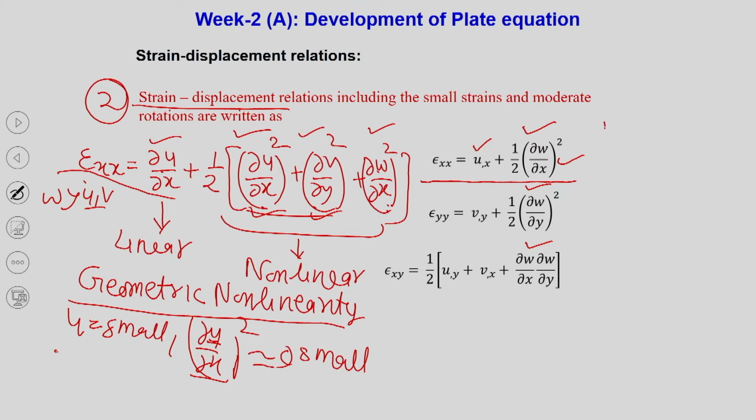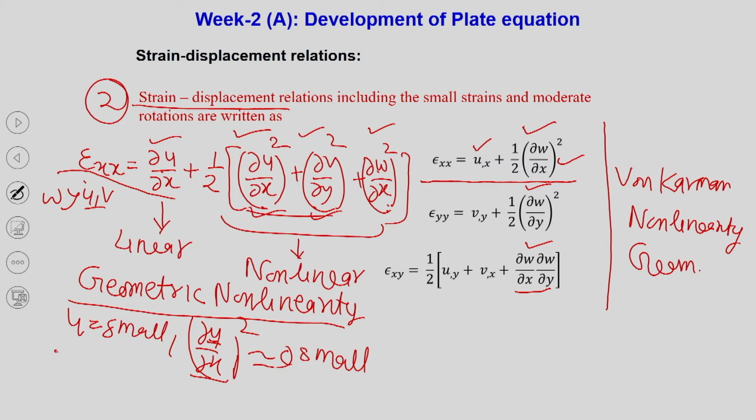So, if we consider del w by del x or del w by del y or the mixed derivative, then it is known as von Karman non-linearity, or geometric non-linearity.